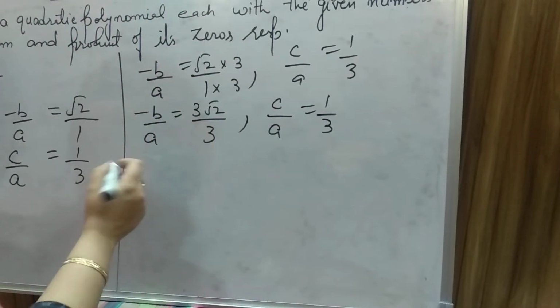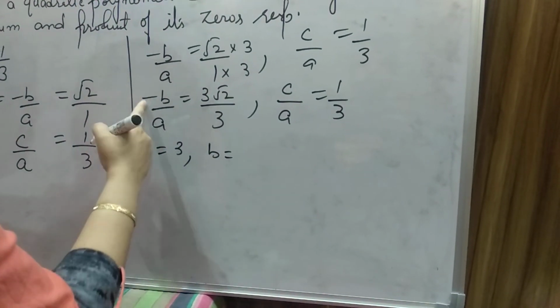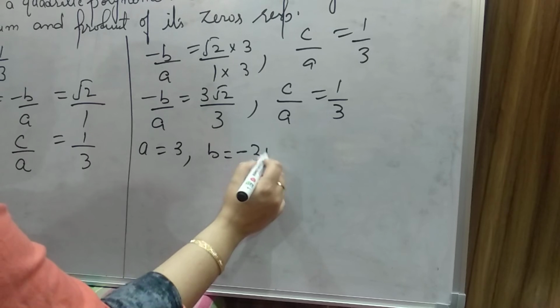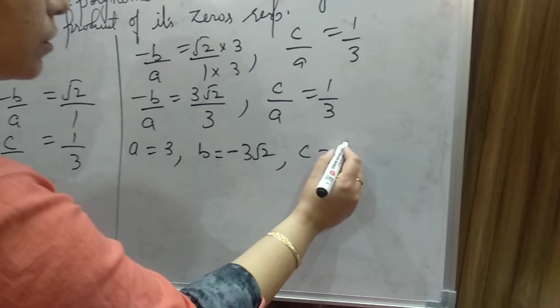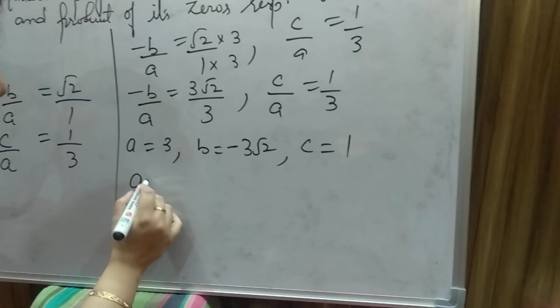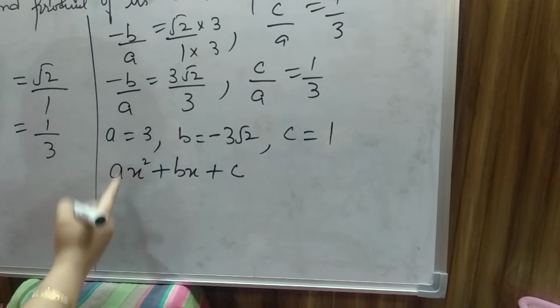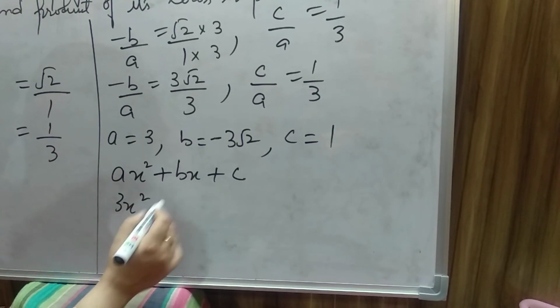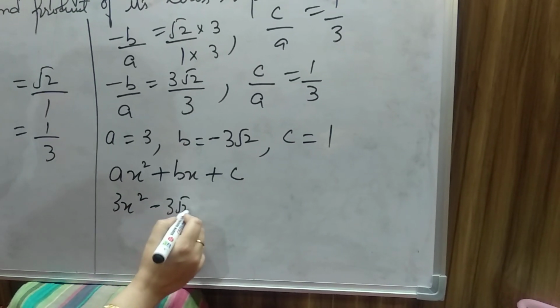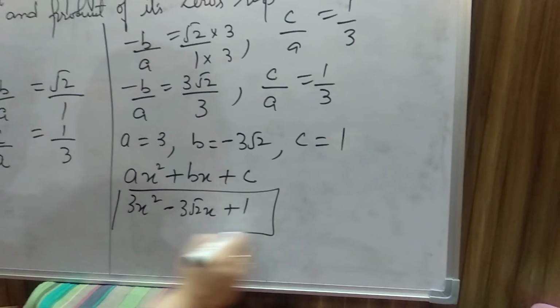Now we can easily find the values: a is equal to 3, b is equal to minus 3 root 2 and c is equal to 1. Right? So the general form of the quadratic polynomial is ax square plus bx plus c, means 3x square minus 3 root 2x plus 1. So this is the required polynomial.